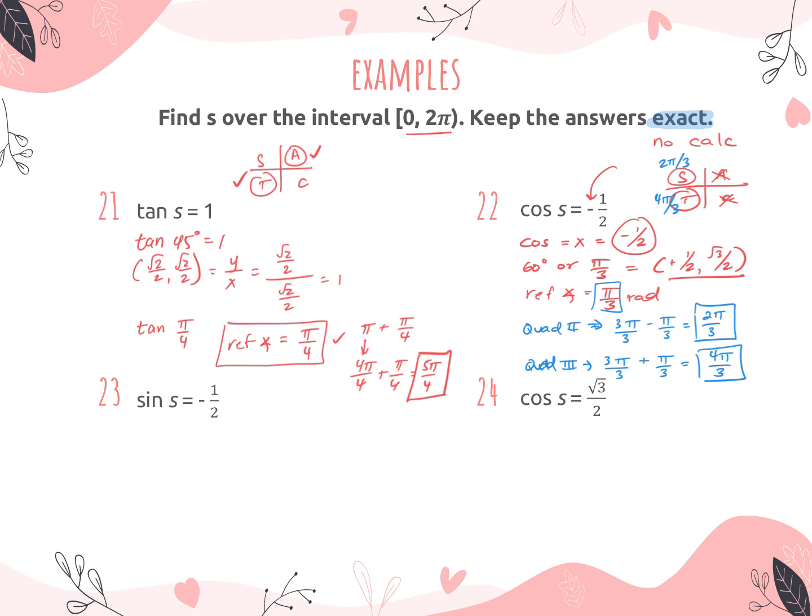And so I know that my reference angle is pi over 3, and when I apply it, these are the two angle measures that are going to have this cosine. Okay, this pi over 3 was just my reference angle. Okay, but these are the actual two solutions.